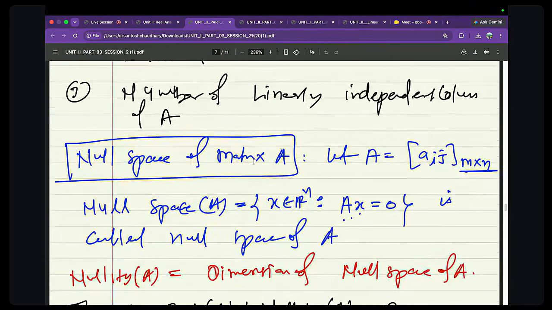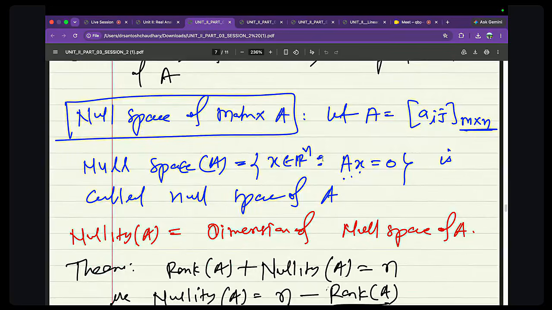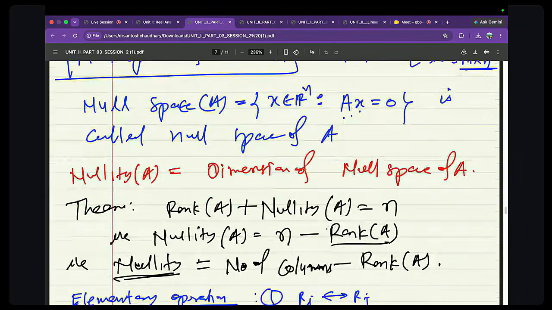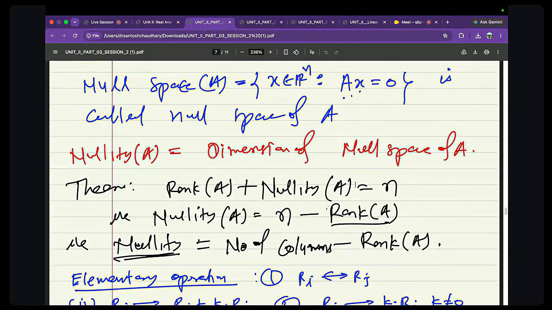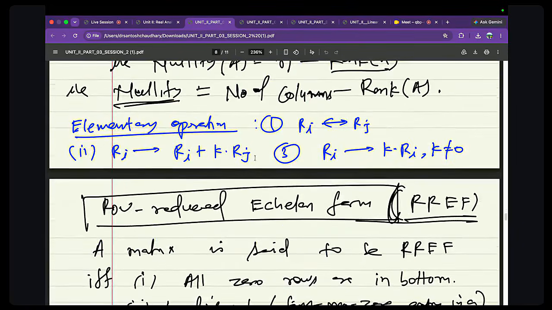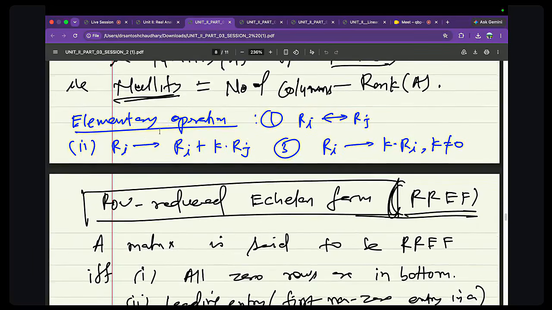This I'm writing: null space. You have seen null space is the set of solutions of the matrix equation Ax = 0, and its dimension is called nullity. Rank plus nullity is the number of columns. Then there are a few elementary operations that you know, of 3 types. You can interchange any 2 rows. You can change a row by Ri plus k times Rj, or you can change Ri to k times Ri, multiplying by some non-zero constant.